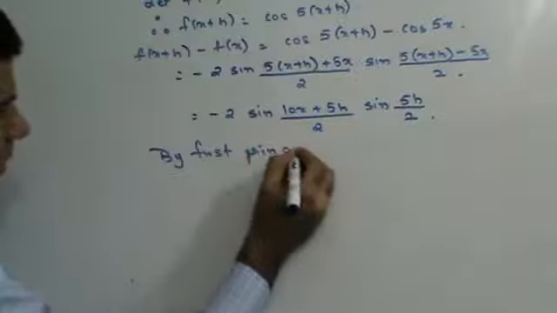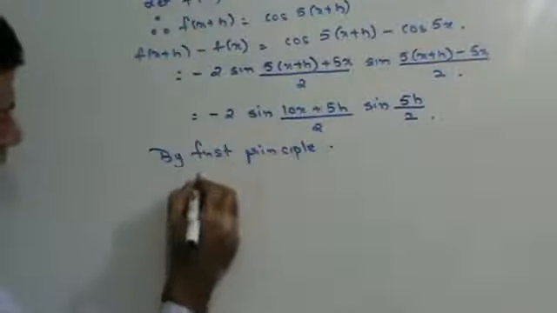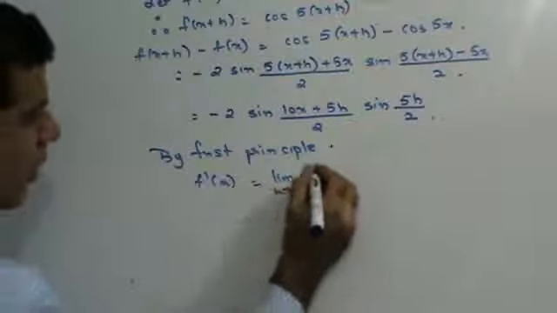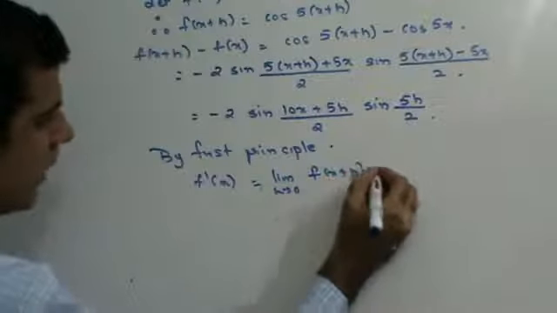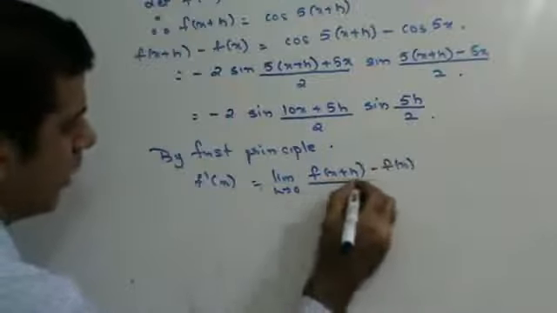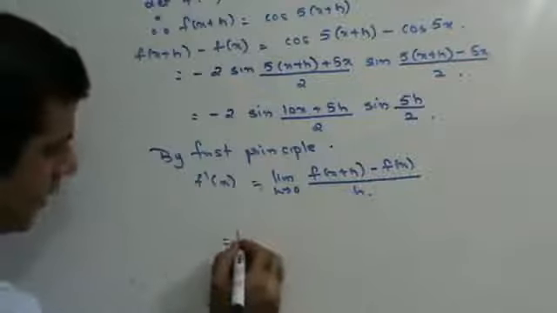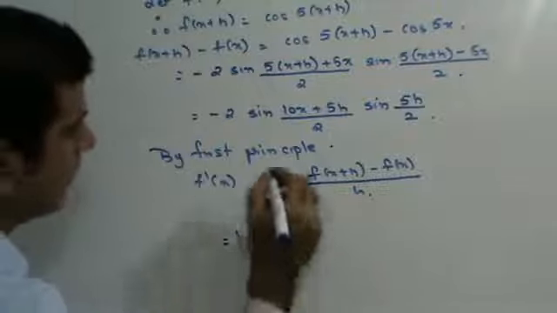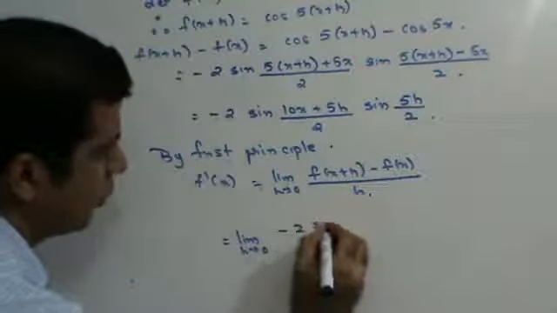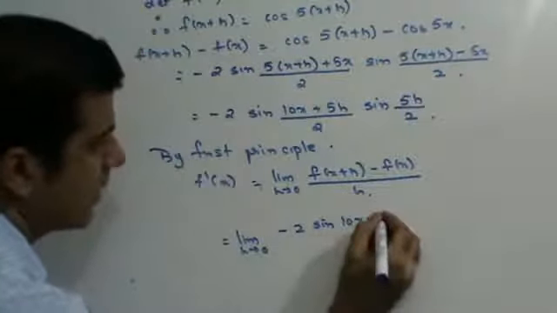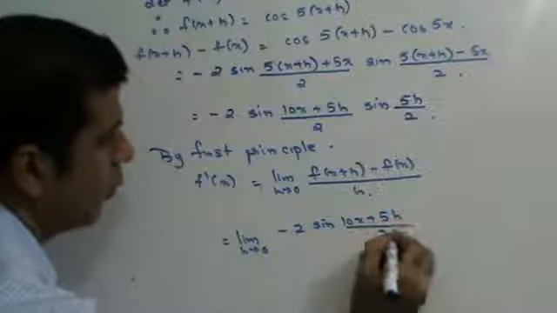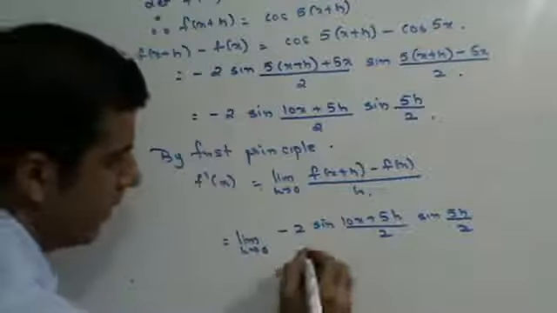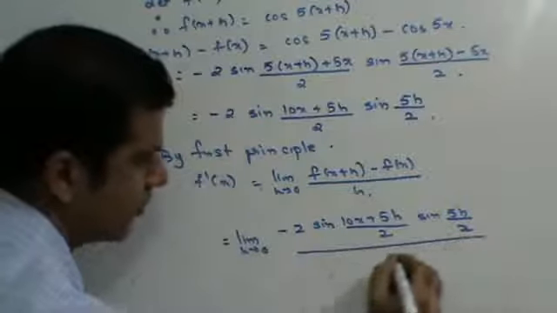So I can say by first principle, f bar of x is limit of h tends to 0, f of x plus h minus f of x upon h. This is nothing but limit of h tends to 0. F of x plus h minus f of x we found out is minus 2 sin of (10x plus 5h) upon 2, sin of 5h upon 2, divided by h.